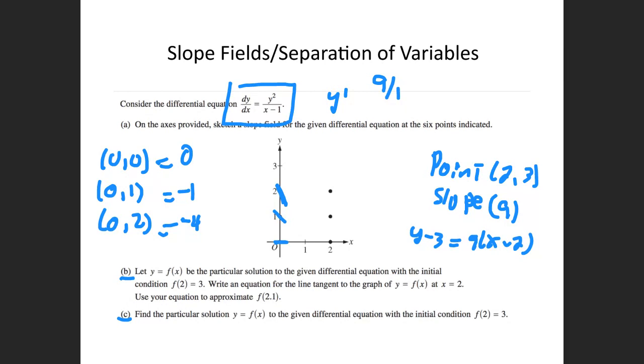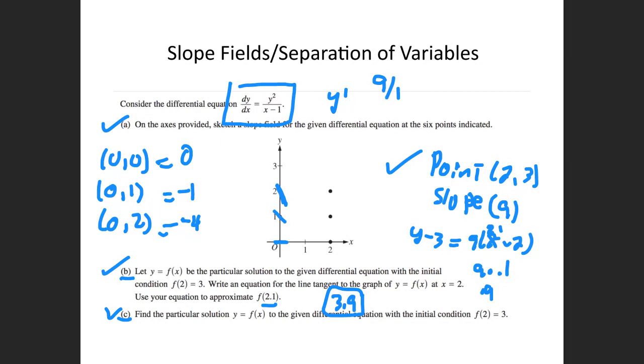They will not take off points, and it takes up time, so just leave it. And then it said to approximate the value at 2.1. So we're going to put 2.1 in here. 2.1 minus 2 is 0.1, so 9 times 0.1 is 0.9. Add 3, so that's 3.9. Boom. Fairly easy problem. This was fairly easy. This is where it gets tough.